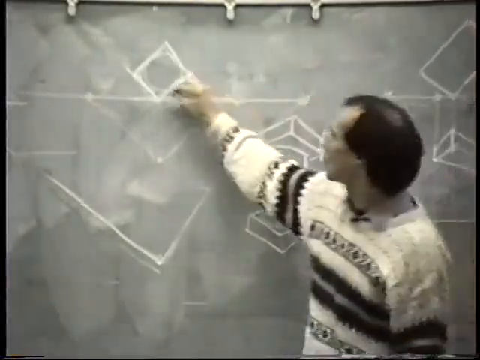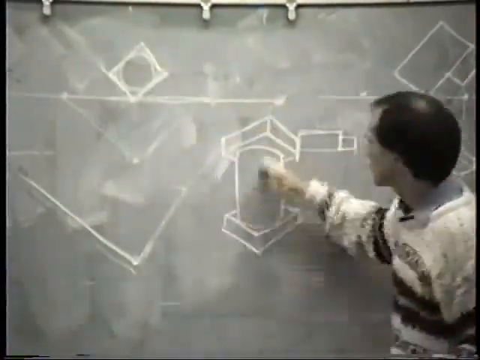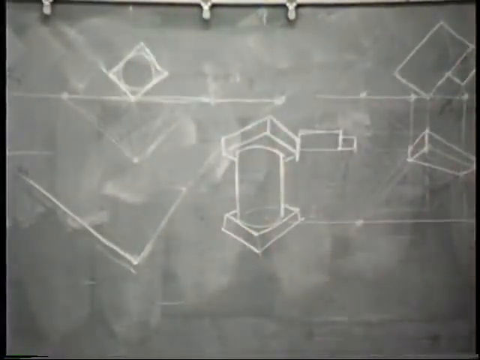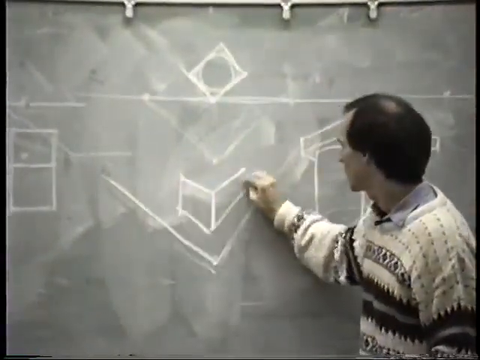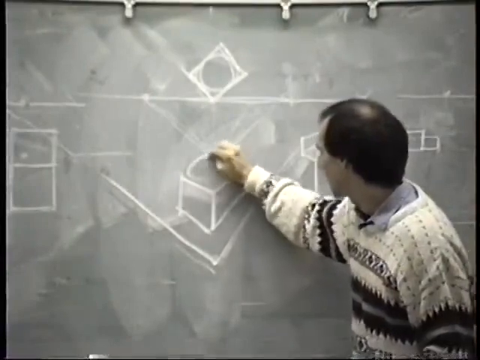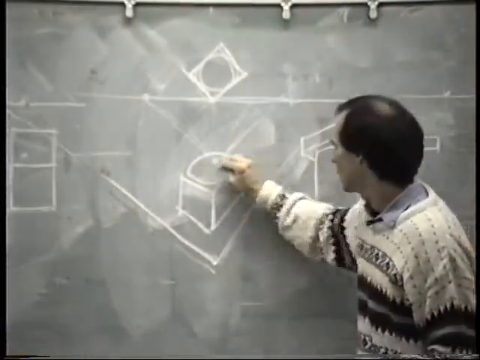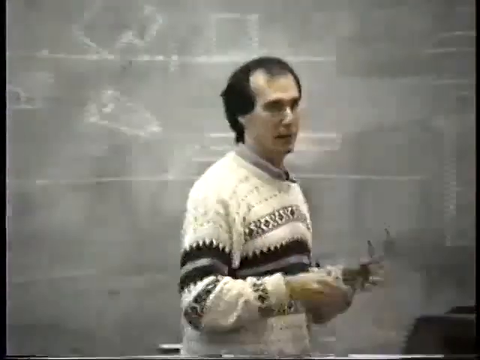In that case, the circle would have been a dotted line to show us that it's underneath there. Or it could have been this. It could have been one of many things.